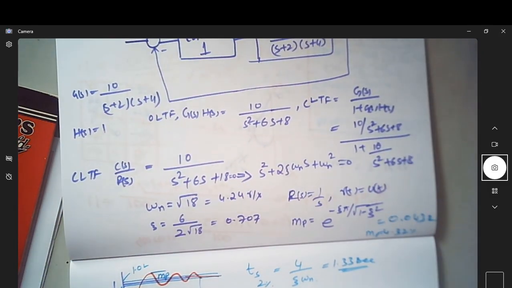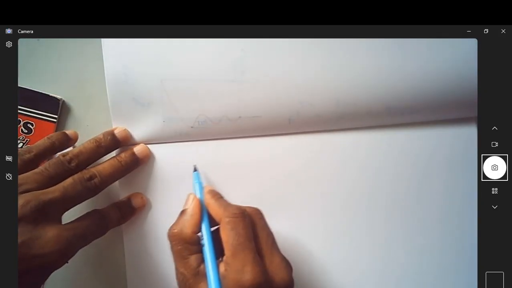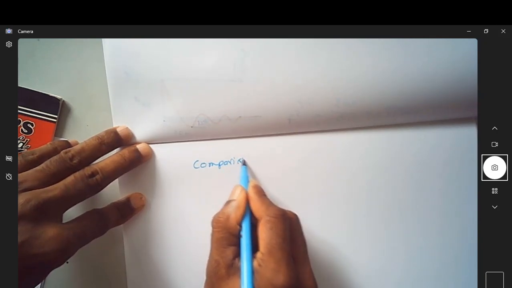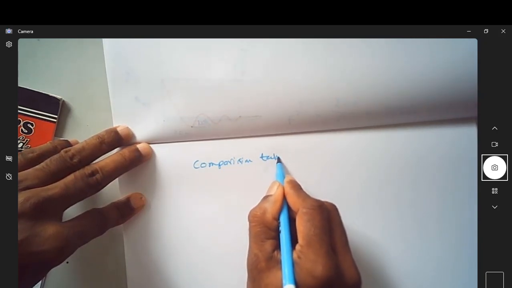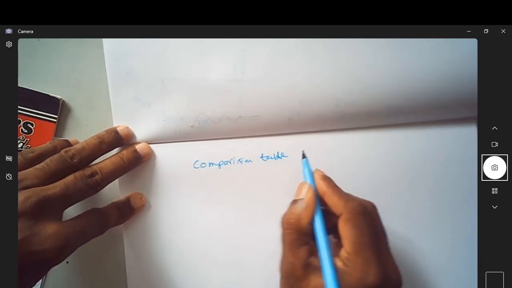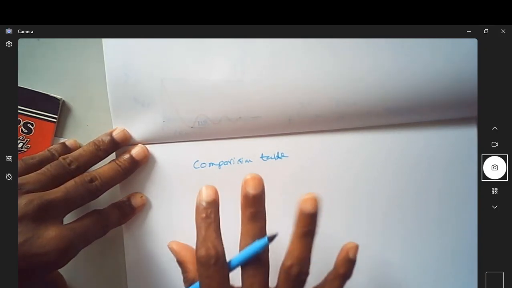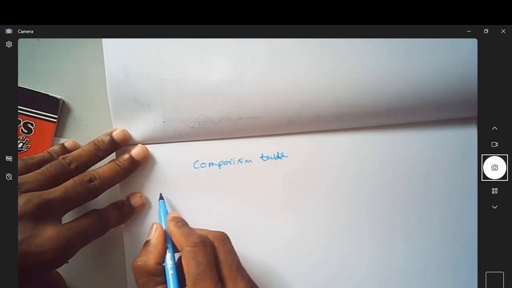Okay, let me just write a table here. In this table, what I'm going to list is a comparison table to see what is the effect of a proportional control and derivative control for the given system.